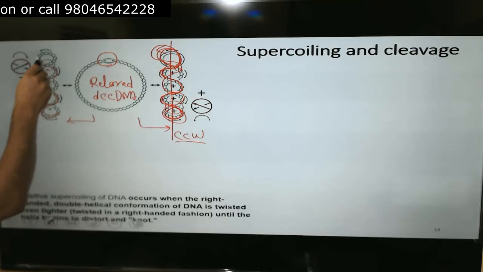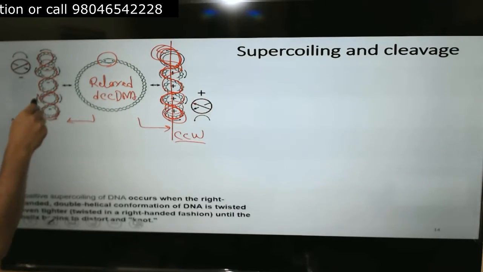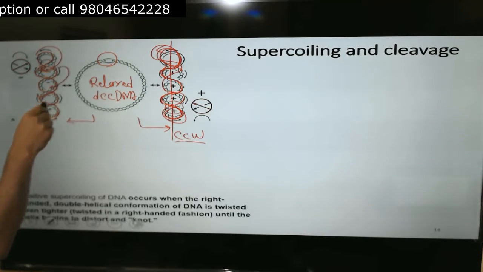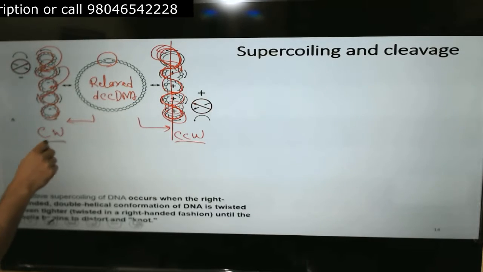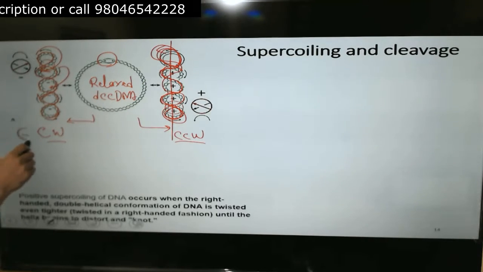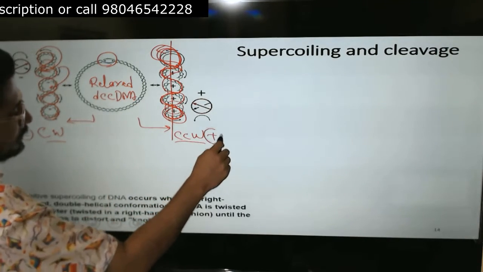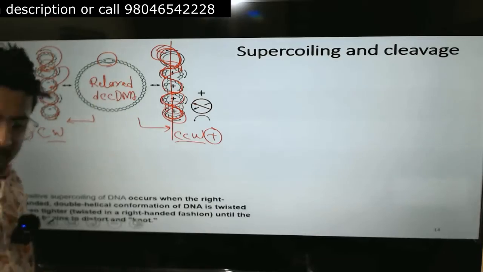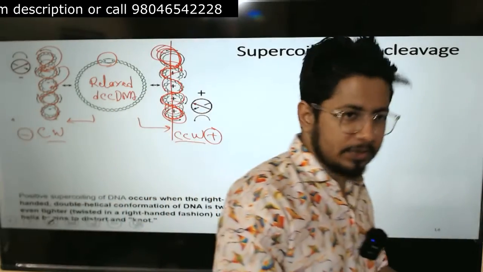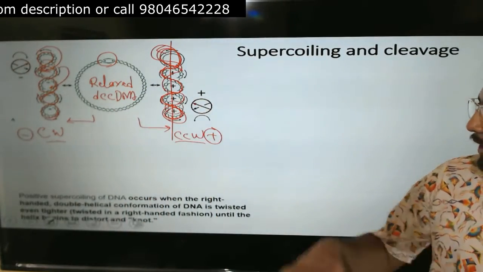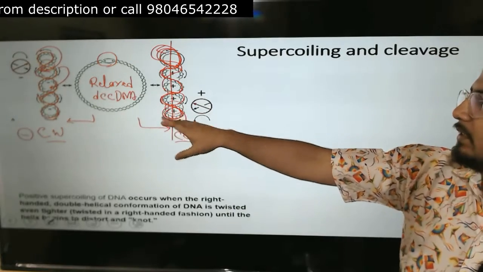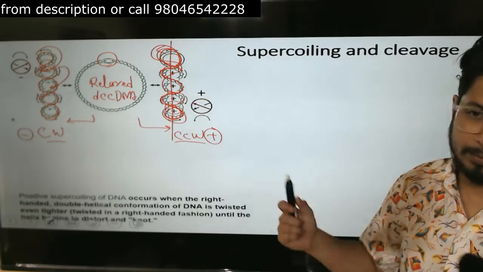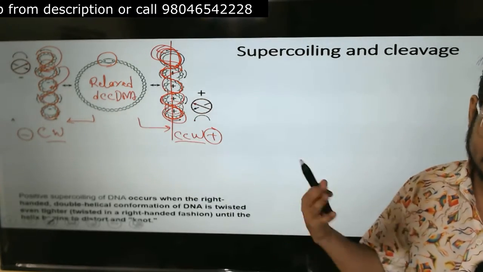This, clockwise turnings: clockwise negative supercoiling, counterclockwise positive supercoiling. Another way around, we can say a right-handed helix coiled right to form a knot is a positive supercoil. But this is a better way to understand. You can simply draw it in clockwise and anti-clockwise fashion and tell whether it's a positive or negative supercoil.